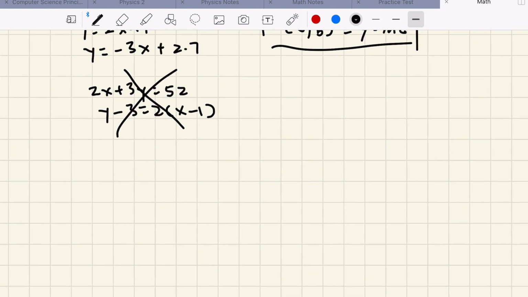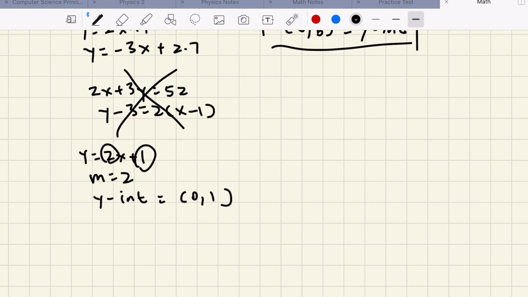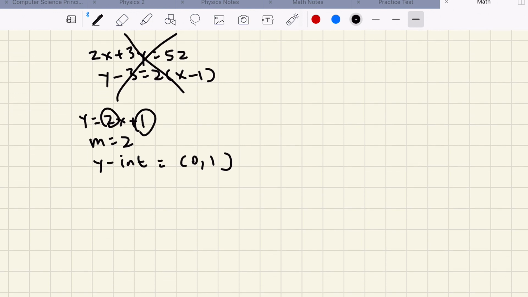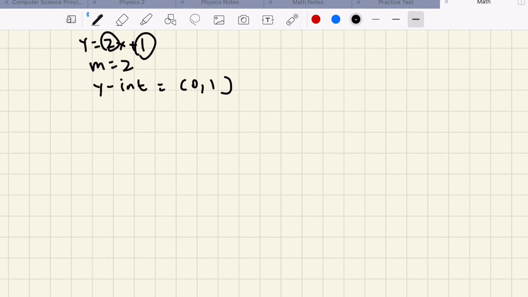For example, y equals 2x plus 1 has a slope of 2 because m equals 2, and a y-intercept at (0, 1) because 1 is the b here. The fact that this form gives the slope and the y-intercept is the exact reason why it is called the slope-intercept form in the first place.